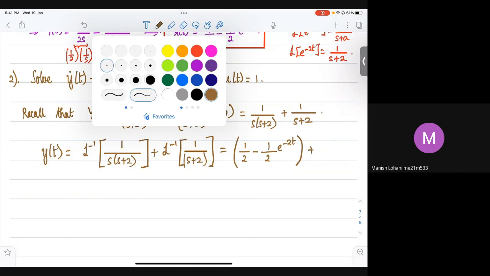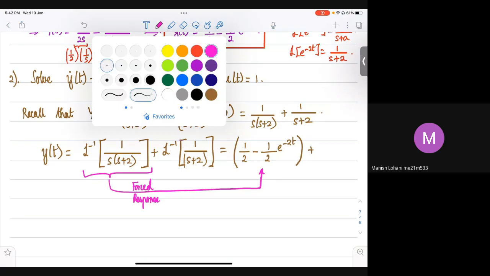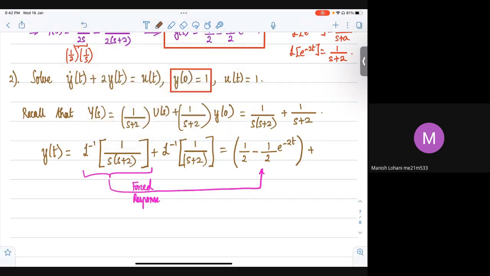This first part is what we already solved, so this is the forced response, as we already know. This is the response due to the input. Okay, so now you can help me with the second part. What should be the Laplace inverse of 1 by s plus 2?